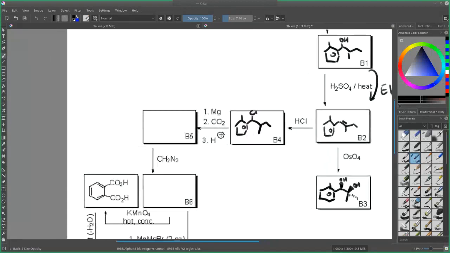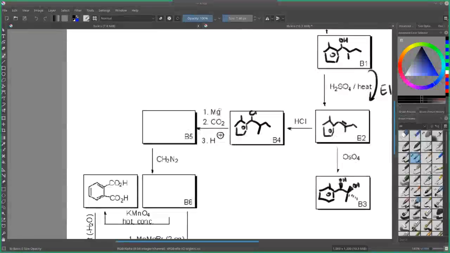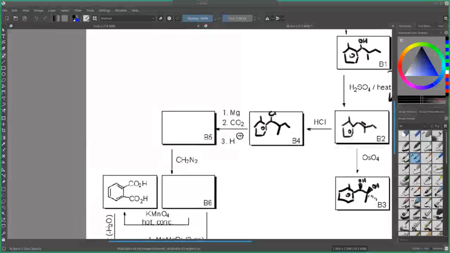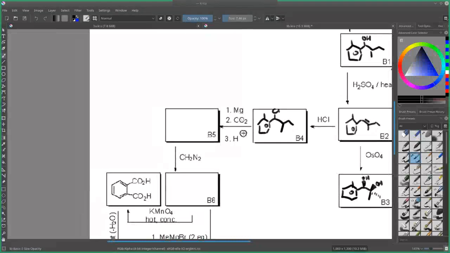Okay. And now add magnesium, and we add CO2 and then hydrogen, or put it in acid. So here we're making a Grignard. With the CO2, we're carboxylating.